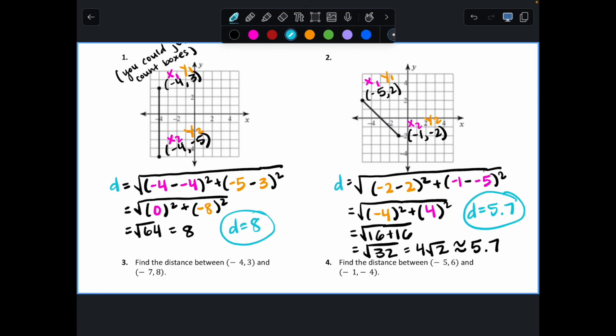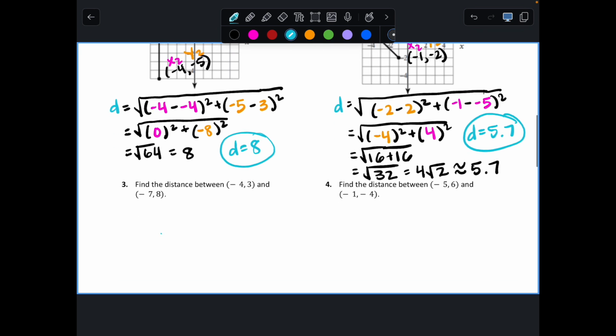All right, what answer did you get for the distance? Anyone? 34? It's not 34. 4.4? No, not for number 3. 5.8.